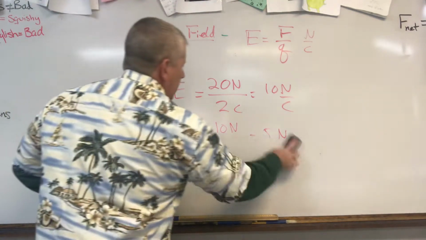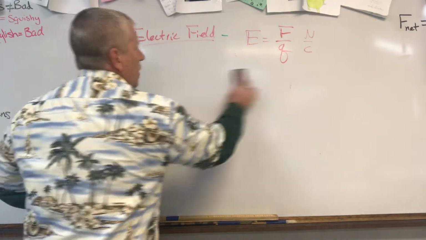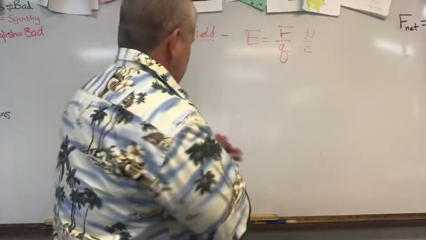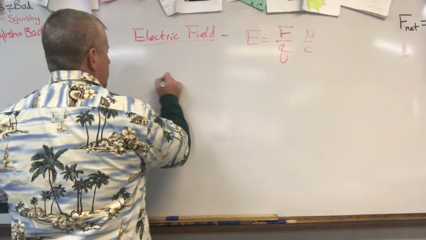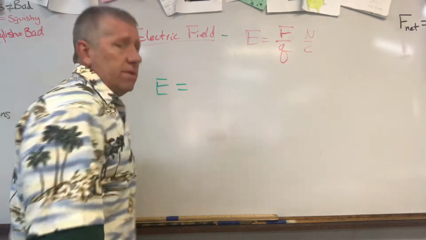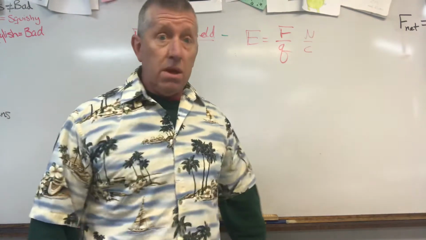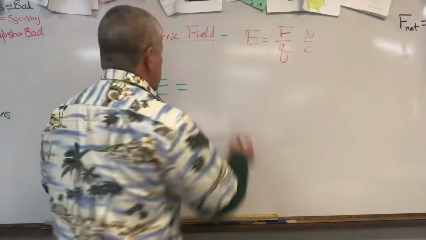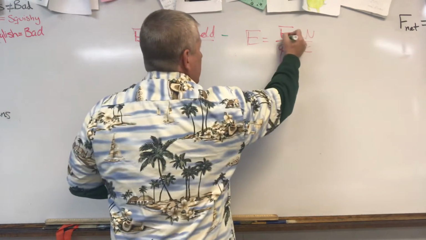Okay, first of all, let me go back to this equation up here. Look at that equation right there. And let's make a substitution. Oh, physics, you always do that. You make a substitution in, you come up with a new equation. So this is electrostatic force.